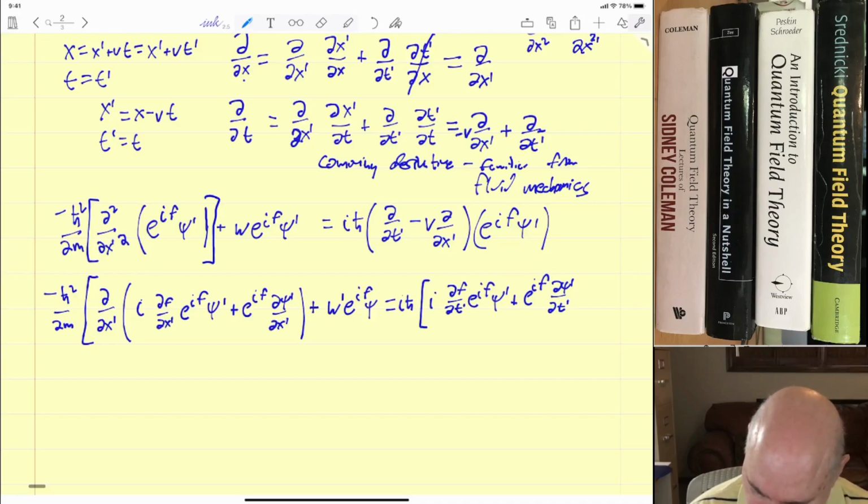And now I'm going to apply this operator to these things. So I get minus i v, the partial of f with respect to x prime, e to the i f psi prime. And then I get minus v e to the i f partial of psi prime with respect to x prime.